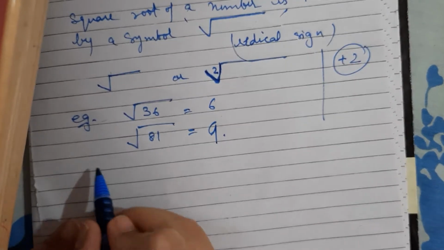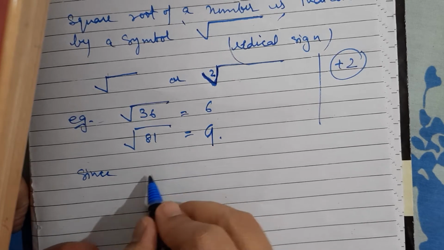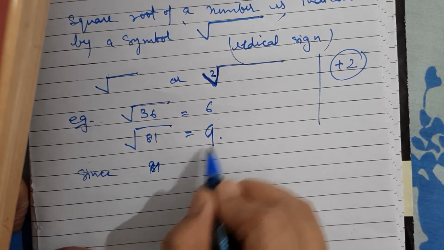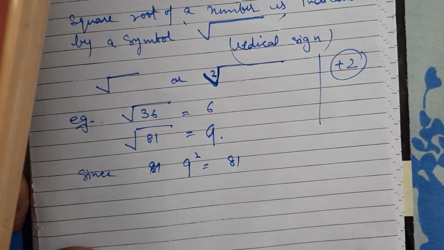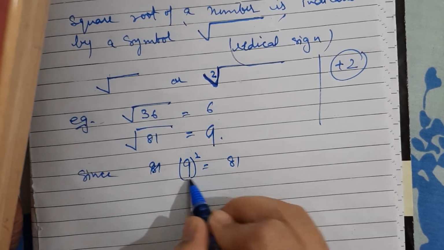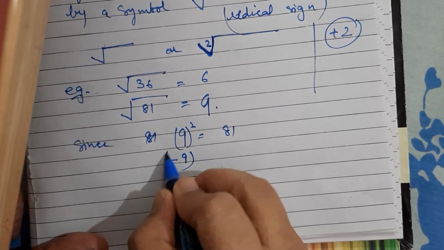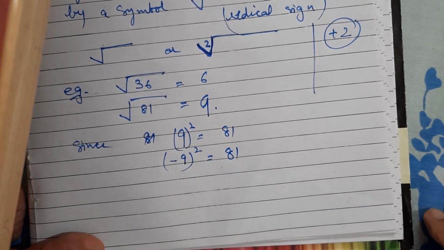Now one more very important point. See here, 9 square is equal to 81, right? If we do the square of 9, we'll get 81. But if this is negative 9, minus 9, then also we are getting plus 81, right?